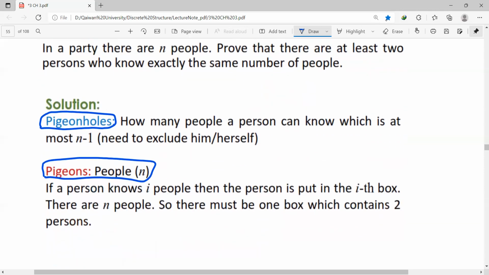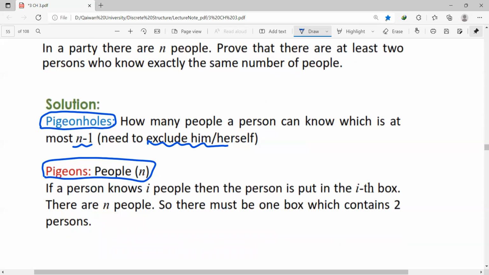So here the pigeonholes are the number of people who are known by any of them. That means n-1, because here we exclude him or herself. Because, as in the example I said, if you have 4 people, each of them knows the others.